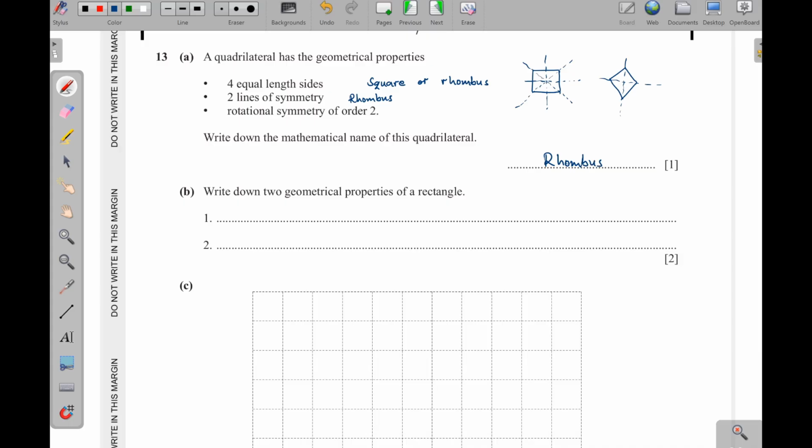Then part B, write down 2 geometrical properties of a rectangle. Let's begin with the order of rotational symmetry.